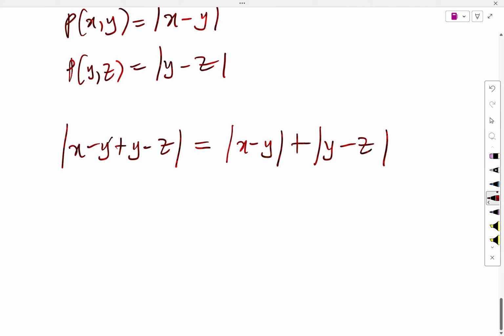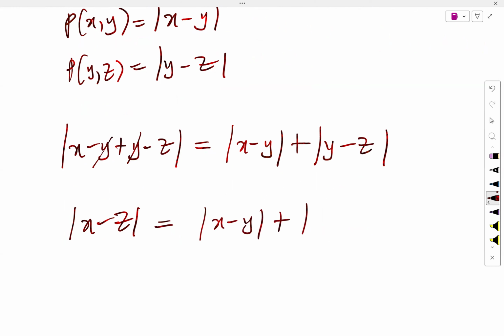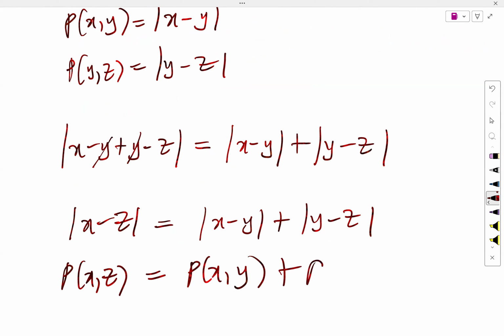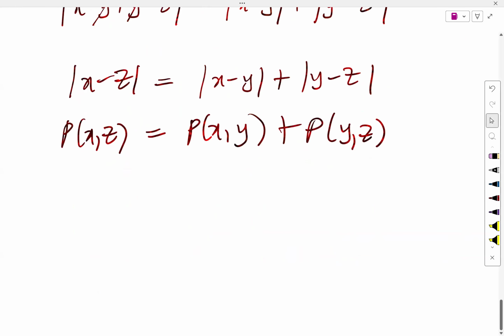So here, of course, you can say this cancels out, so you have absolute value of x minus z here equals absolute value of x minus y plus y minus z. So you see that this is actually p of xz, and that is less than or equal to p of xy plus p of yz.